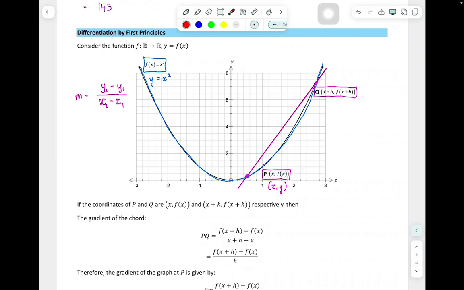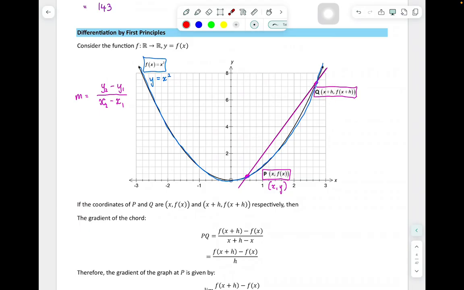Now we can see here that Q is the point in question, where our original x, spot the difference, has been added by h, which is a horizontal value.